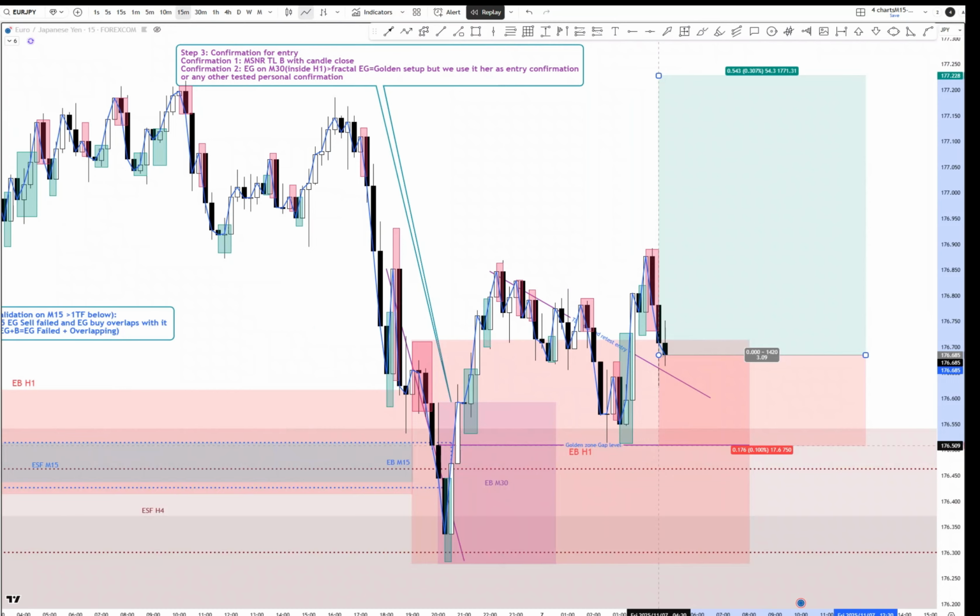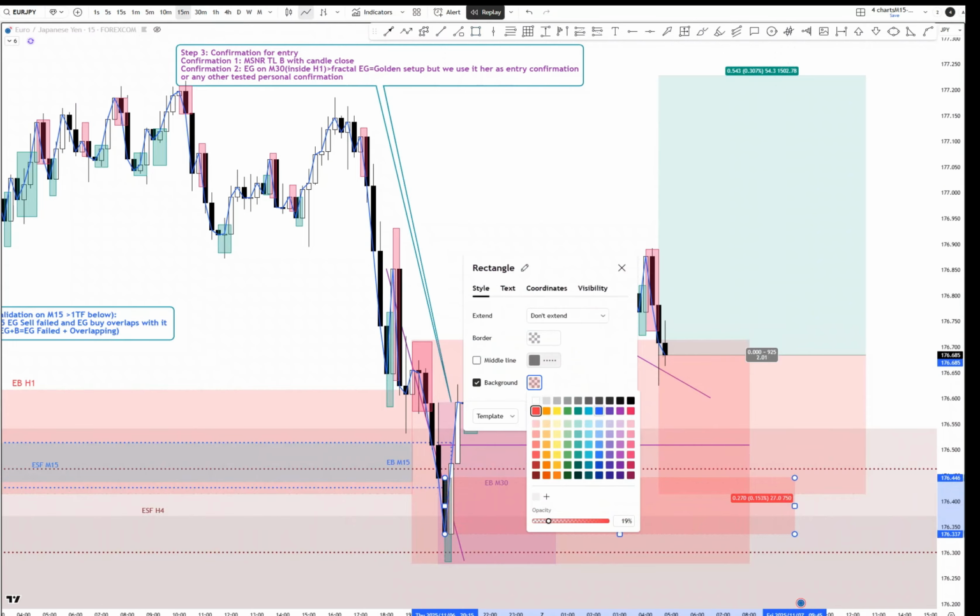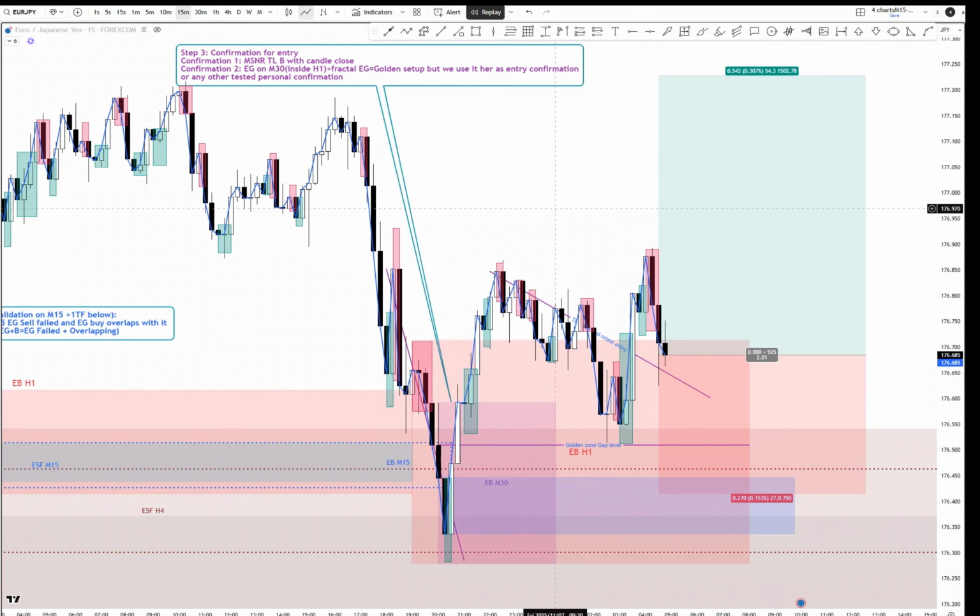But just coming close doesn't mean it is safe. It's better to adjust it behind this zone, the overlapping zones here: M30, H1, M15s, and also even the first one here. Let me just draw this as well. The color should be blue for M15.